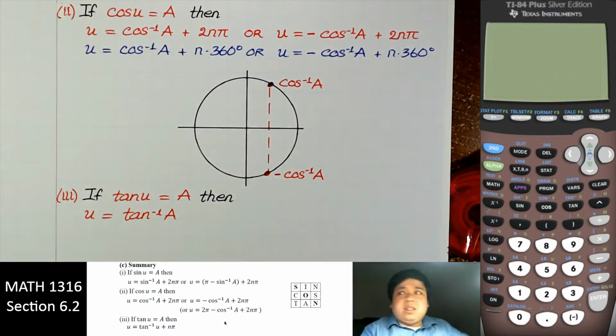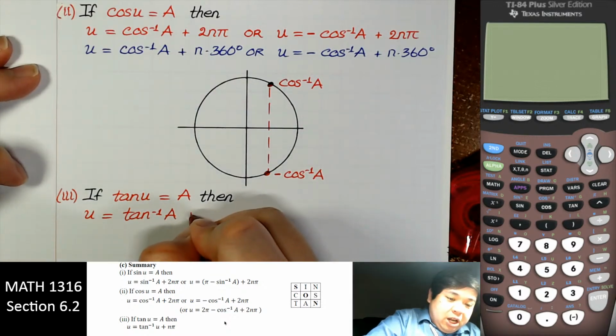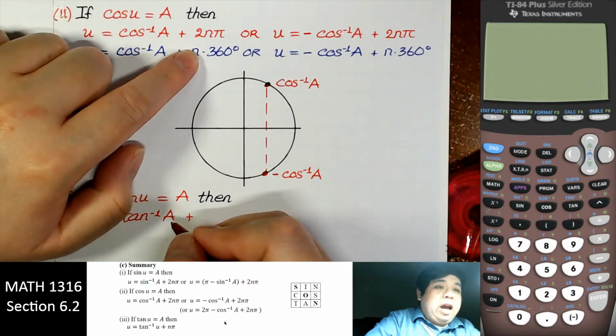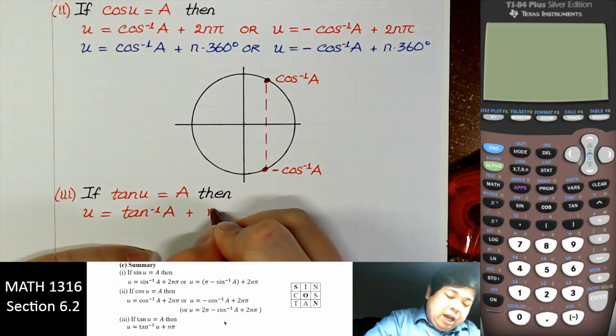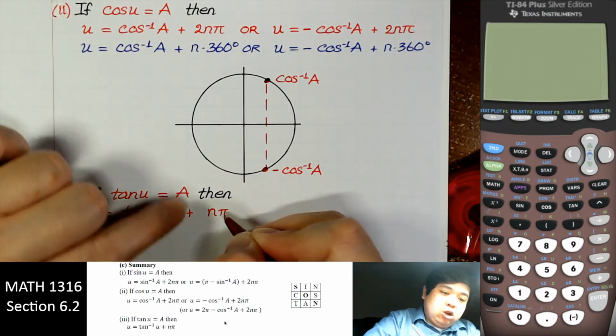For tangent, the period is just pi, so instead of plus n times 360 degrees or 2n pi, this is just n times pi. There's no 2n.